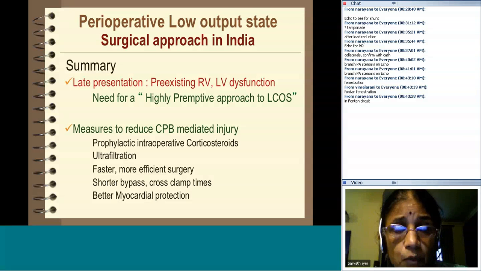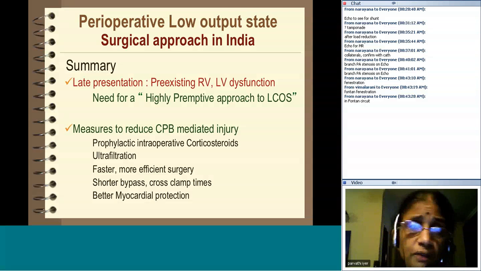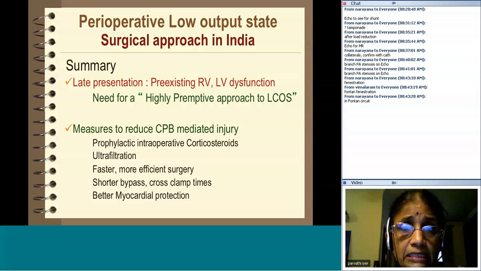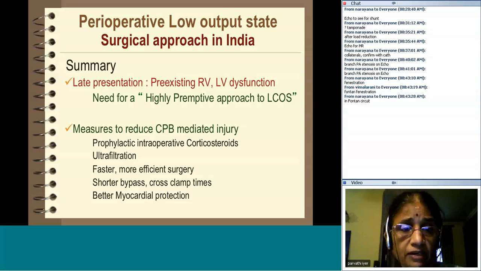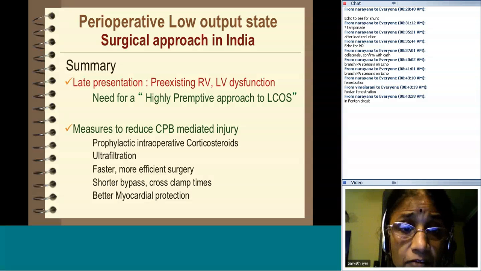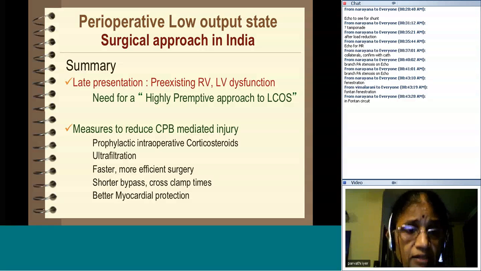Then focus on every conceivable measure to minimize CPB-mediated injury: prophylactic intraoperative steroids in a select group, ultrafiltration, faster and more efficient surgery, shorter and shorter bypass and cross-clamp times, better modalities of myocardial protection in the operating room.